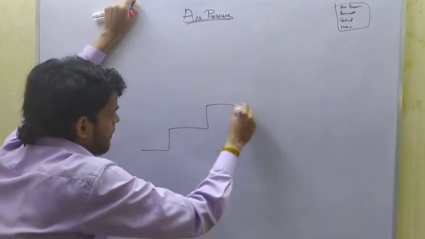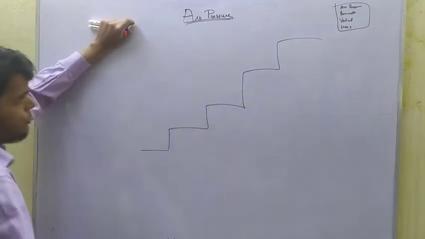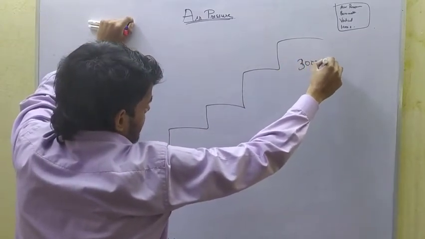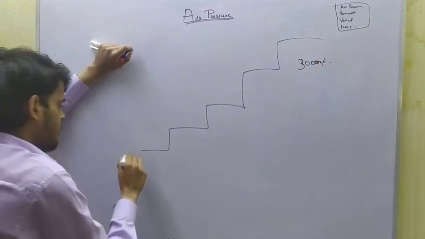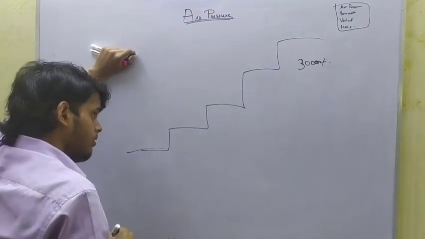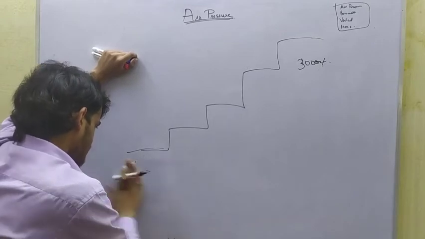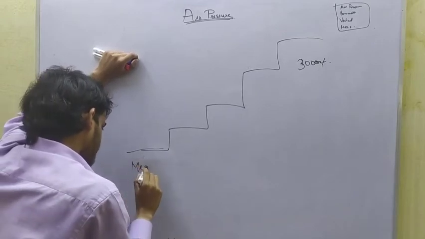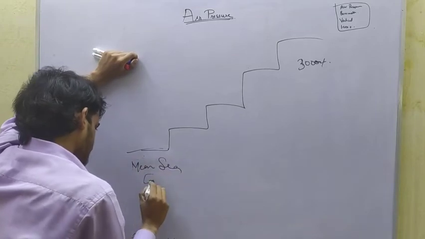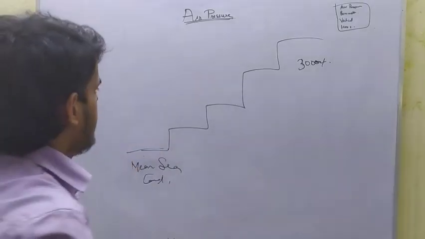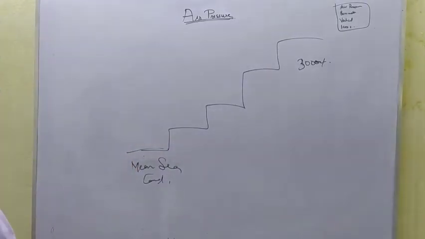For example, suppose this is 3000 meters high, and this is mean sea level. There are different columns in there.